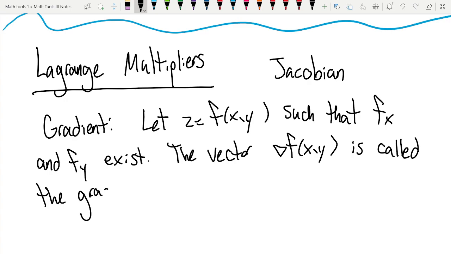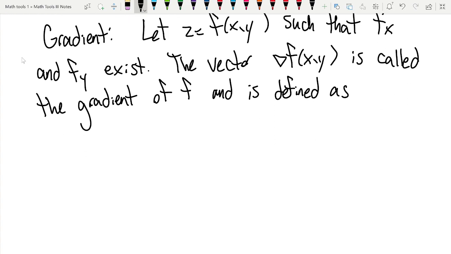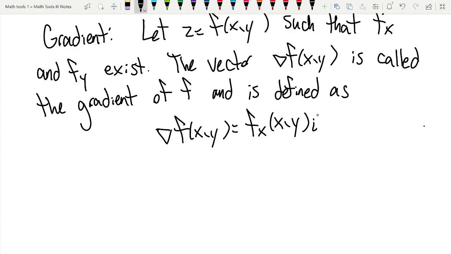The gradient of f is defined as: gradient of f of x, y is equal to the partial derivative with respect to x times i hat.